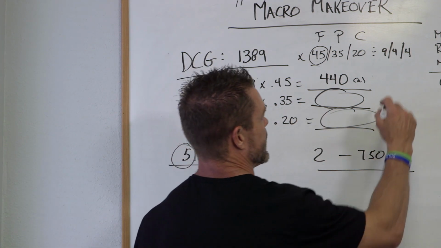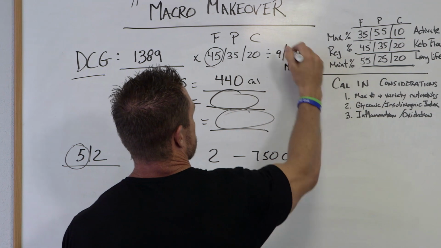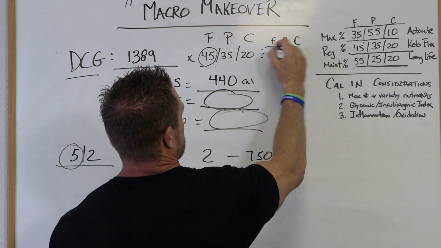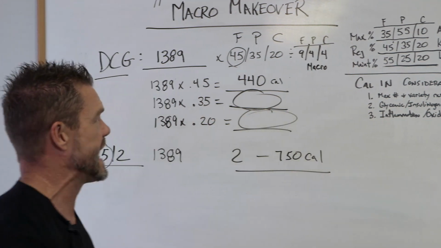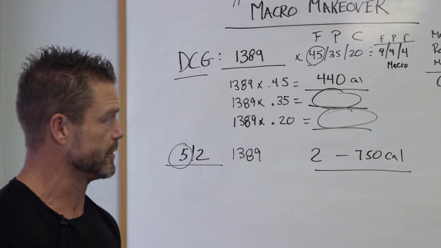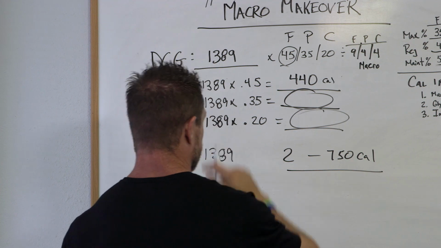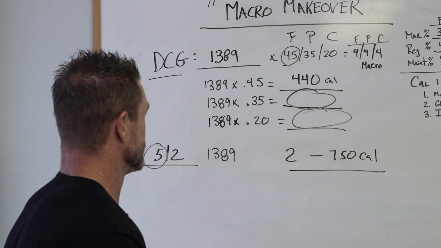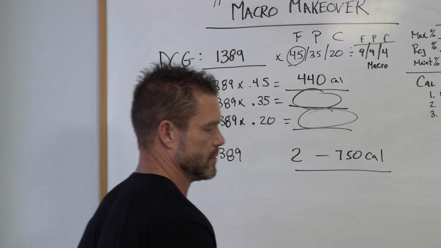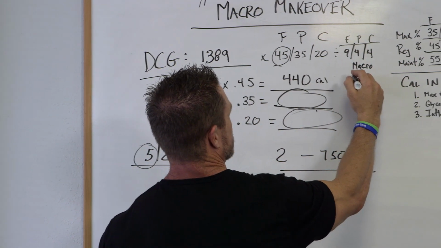Now to determine the actual macronutrients of those, here's your fat, this is protein, and this is carbs. So there are 9 calories per gram in fat. So it's more calorie dense, something to be aware of. So of the 440, and again, that number's off, it's 50%, so it's probably closer to 700 and something. But anyway, we're rolling.